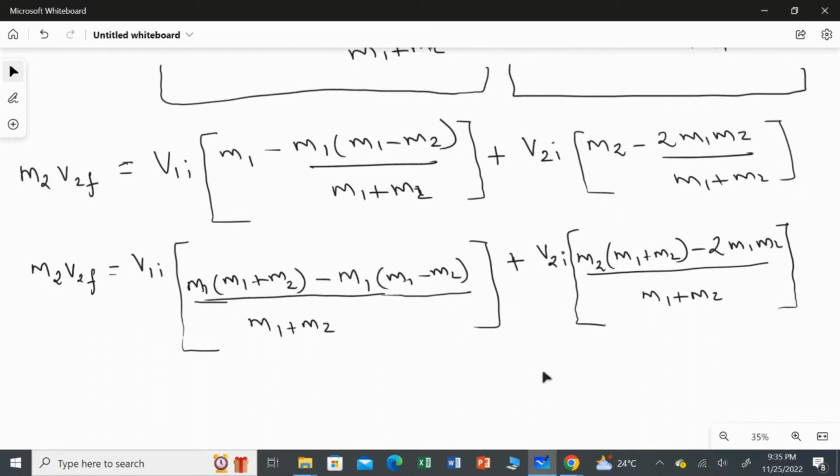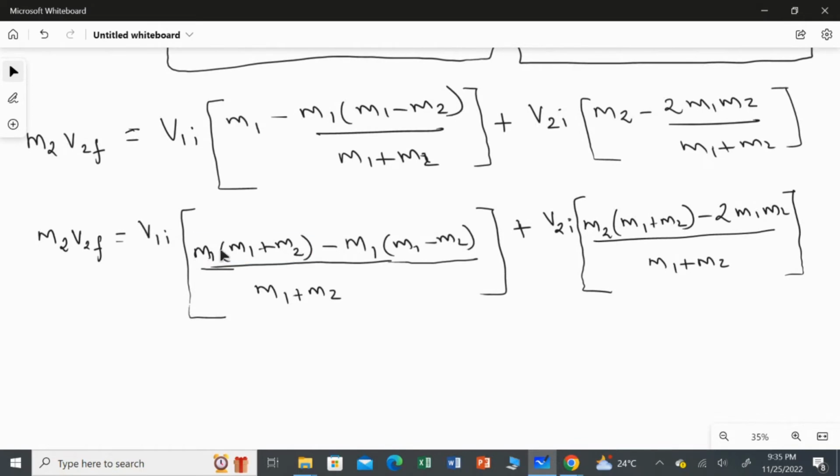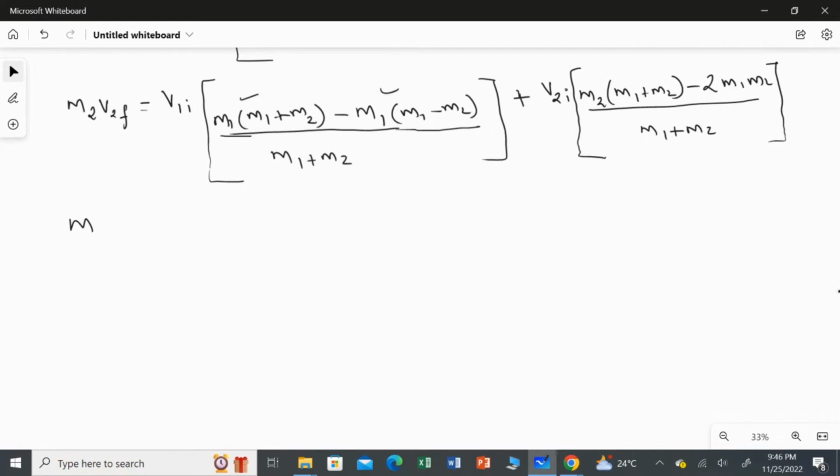Okay. Here I'm going to take M1 as a common term, right? In this term, in this big bracket, am I right? I'm going to take M1 as the common term. So what will happen? Left hand side as it is, M2 V2 final, which is equal to V1 initial.